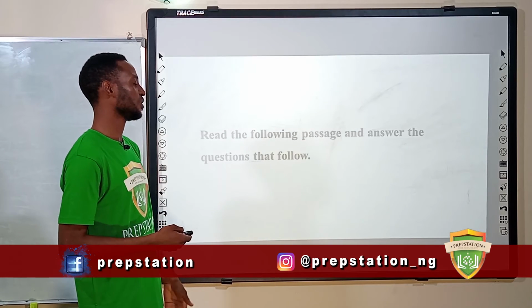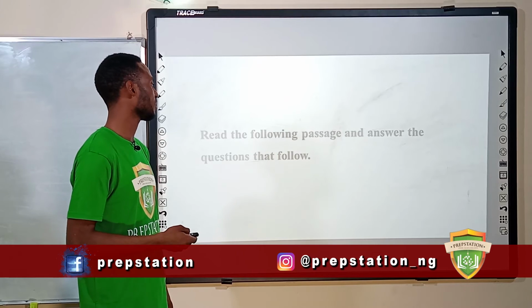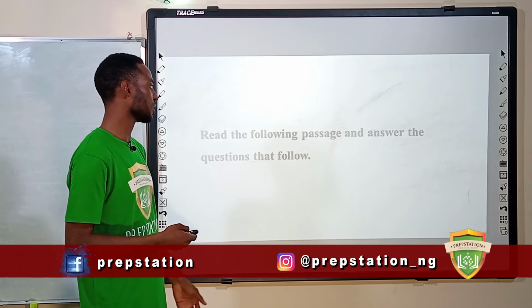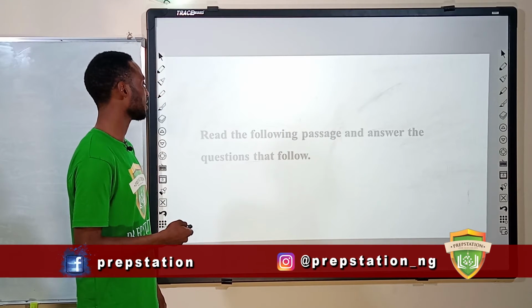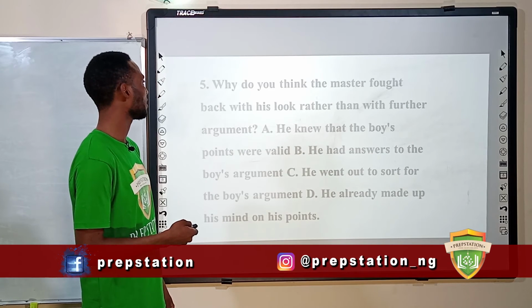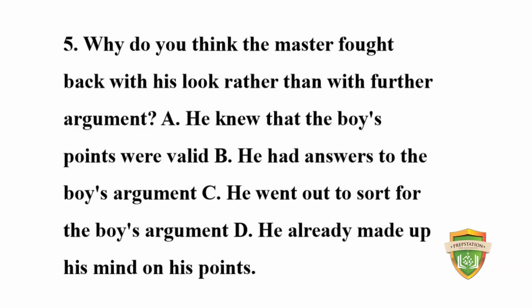2018 JAMB questions, test of Use of English. So let's look at one of the questions that came up. It says, why do you think the master fought back with his look rather than with further argument? This question is testing your ability to come up with information that is not clearly stated in the passage.